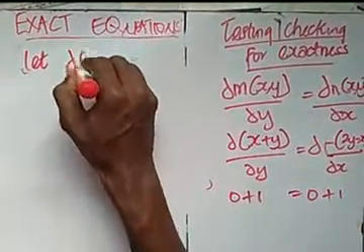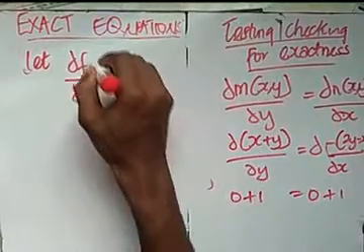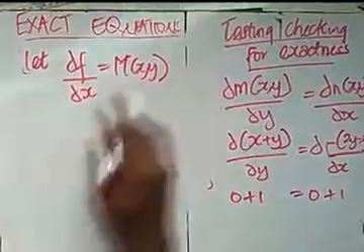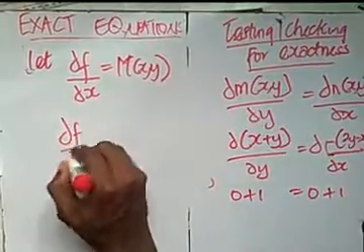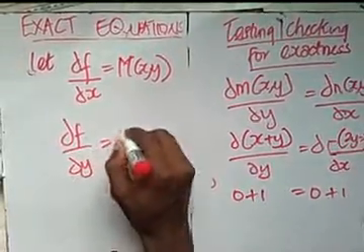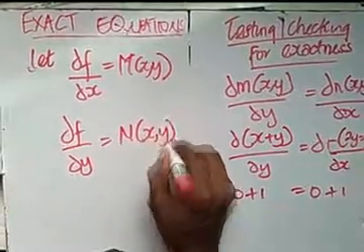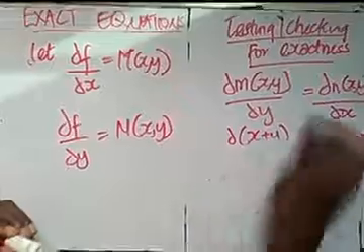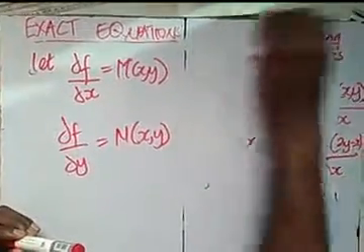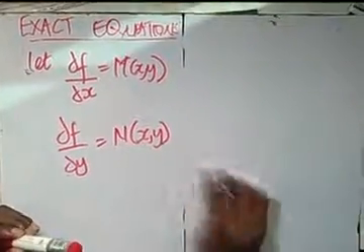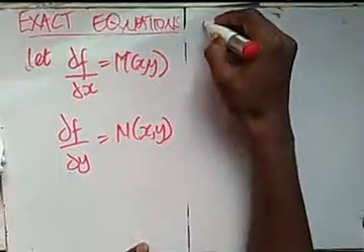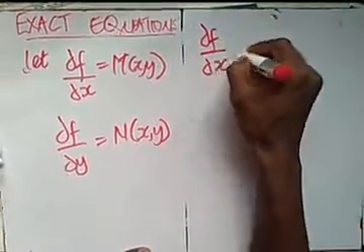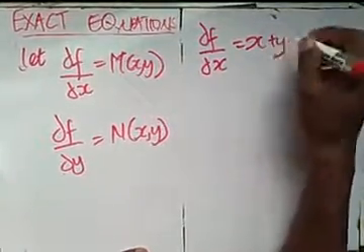So let the partial derivative of f with respect to x be equal to M, and also let the partial derivative of f with respect to y be equal to N. So we have the partial derivative of f over x equals x plus y.